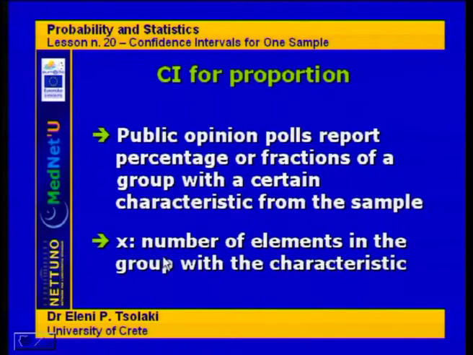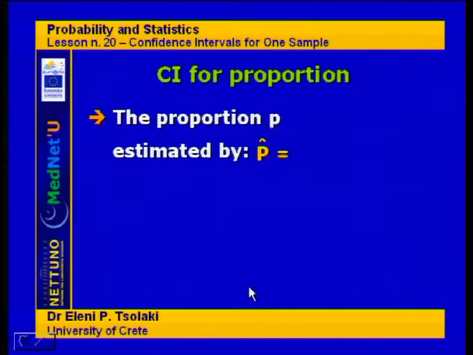If X is the number of elements in the group with the characteristic, then the proportion P can be estimated. The point estimator of the proportion P is given by X divided by n.